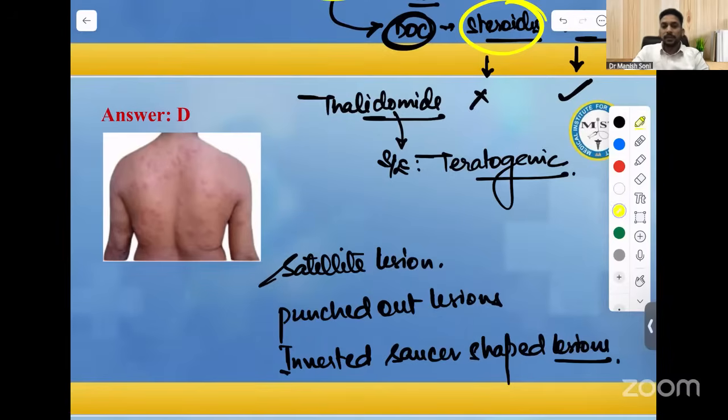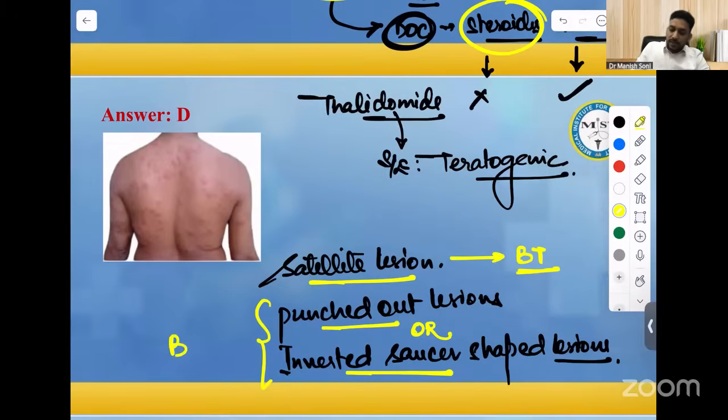Satellite lesions are seen in BT type of leprosy. Punched out lesions and inverted saucer shaped lesions are the same, and both are seen in BB type of leprosy. These questions have already been asked. So remember that in BT, satellite lesions are seen, and punched out or inverted saucer shaped lesions are seen in BB type of leprosy.